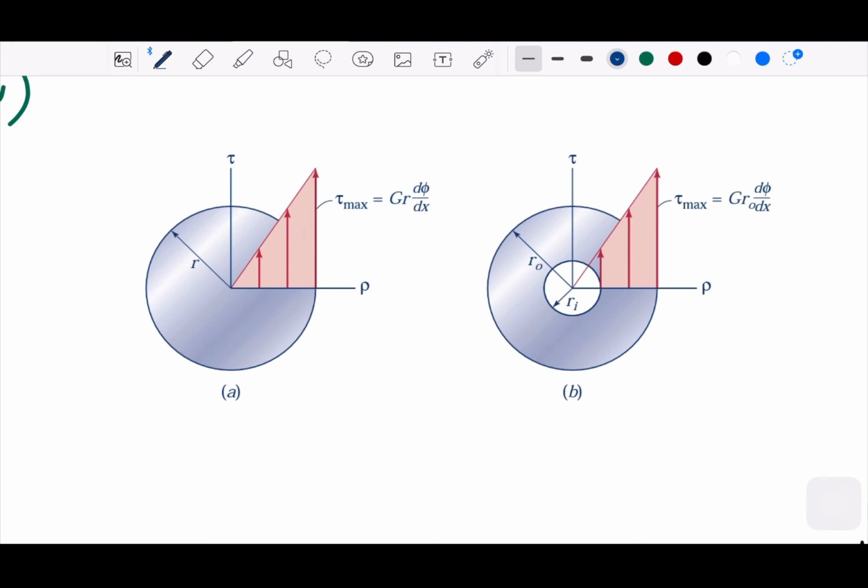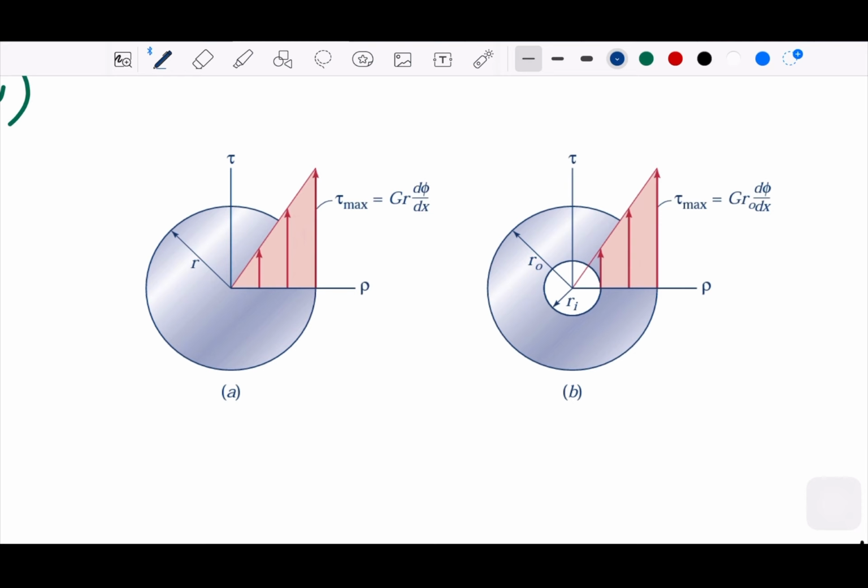Because we take this homogeneous bar, so G is a constant. And we can say the maximum is on the outer side here, when the radius is equal to rho. So we say G r d phi over dx.